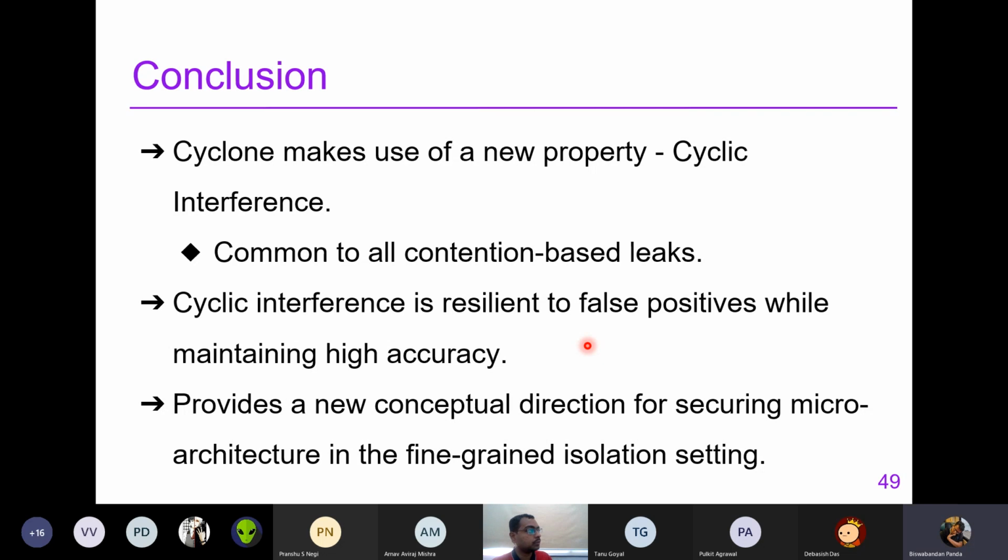And you mentioned some thresholds, right? To differentiate benign from non-benign applications. So what if the attacker knows that Cyclone is actually implemented in a real processor, and by some form of reverse engineering comes to know the threshold? Because basically, if you are saying I will allow k number of cyclic interference in 10,000 cycles, and the attacker knows that.